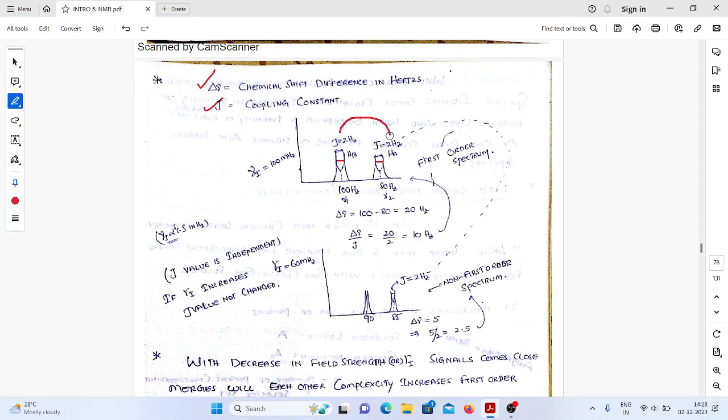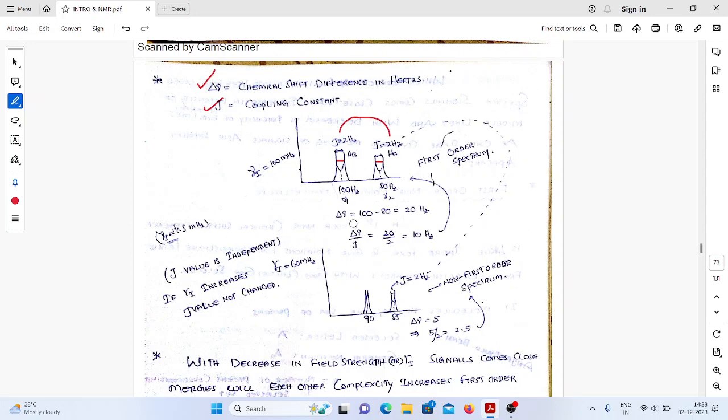That's why the coupling constant is the same. Already we know that coupling constant values are useful to find the adjacent protons present in the chemical molecule, right? Whenever the J value is the same, the protons are adjacent to each other. Okay. So assume that the precessional frequency of Hb proton is 100 Hz. The precessional frequency of Ha is 80.